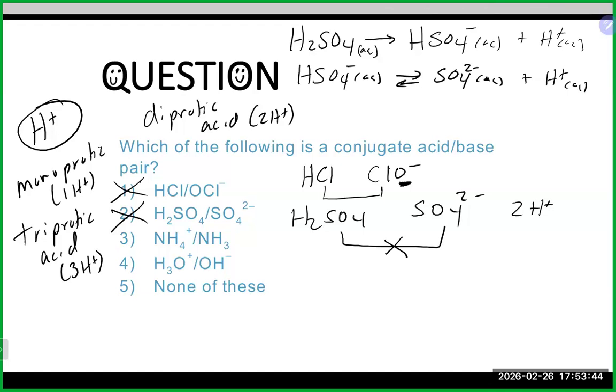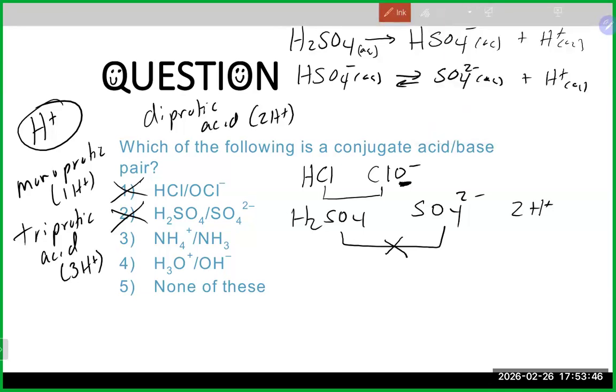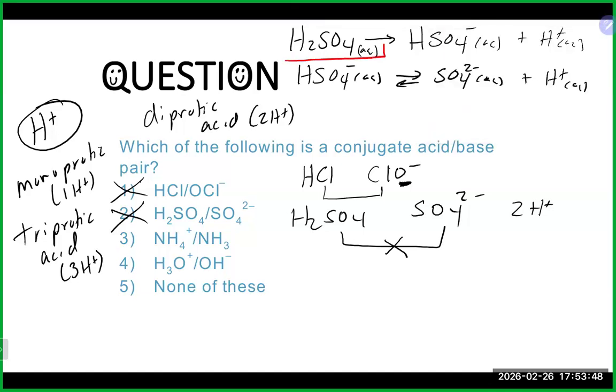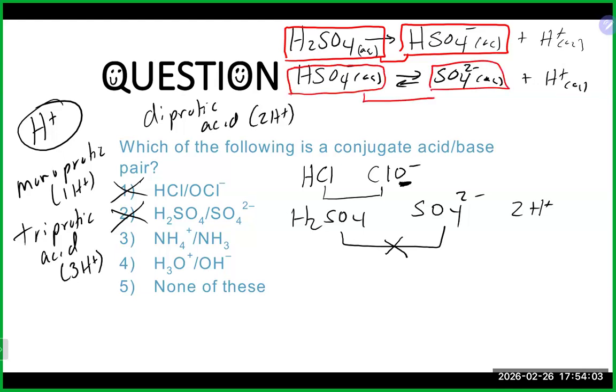So when we look at relationships between these, this guy here and the bisulfate, they are partners, as the only difference between those two is 1 H plus. The bisulfate there and the sulfate are also partners, as again, the only difference there is that 1 H plus.